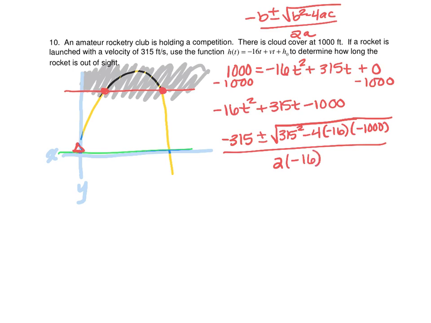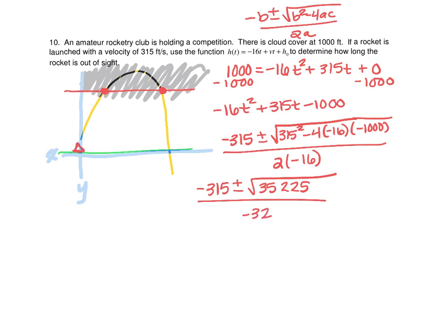And I'm going to break this up by completing the inside of the radical first. So this becomes negative 315 plus or minus the square root of 35,225 all over negative 32.